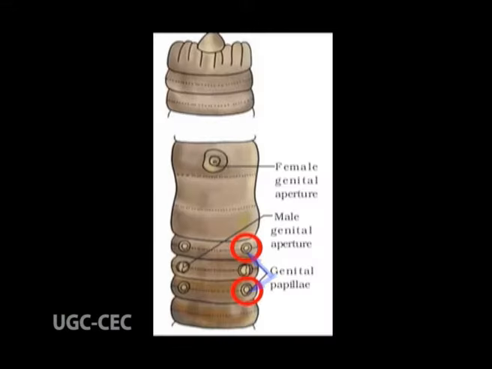Genital papillae. Each of the 17th and 19th segments has a pair of genital papillae on the ventrolateral surface. They are rounded elevations. Each papilla does not bear an aperture, but it has a shallow cup-like depression at the top. The genital papilla aids during copulation.